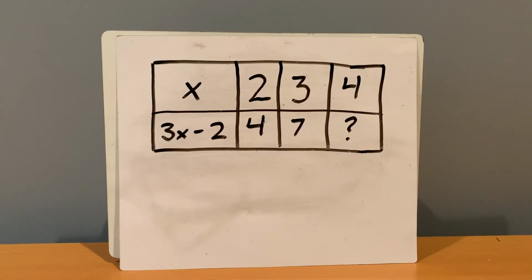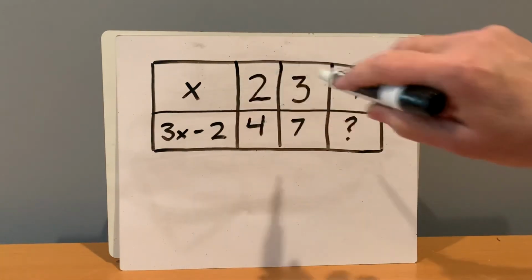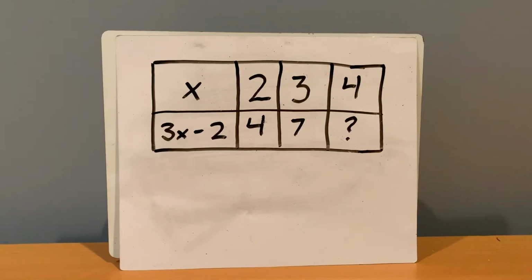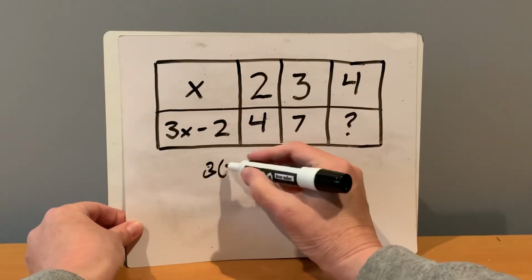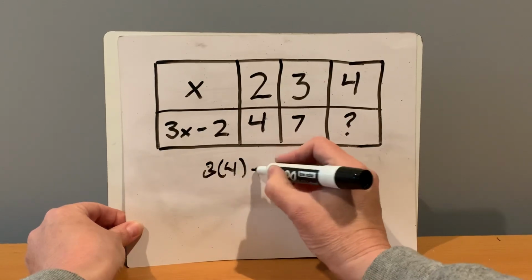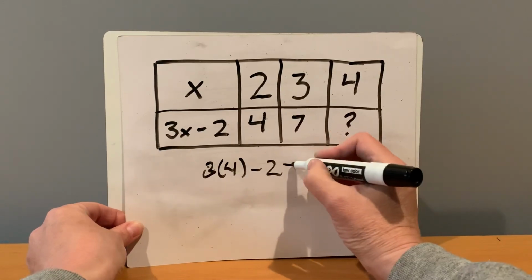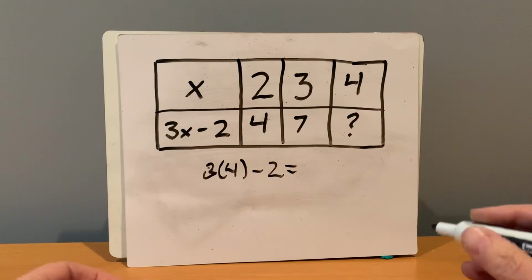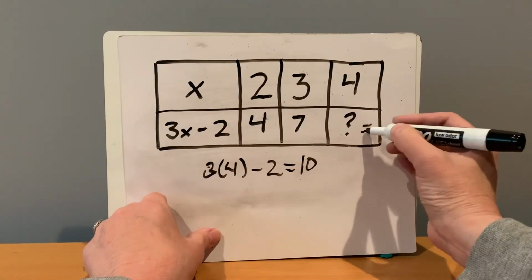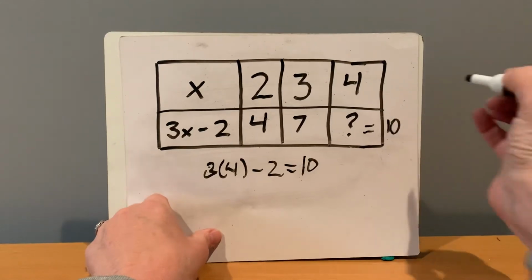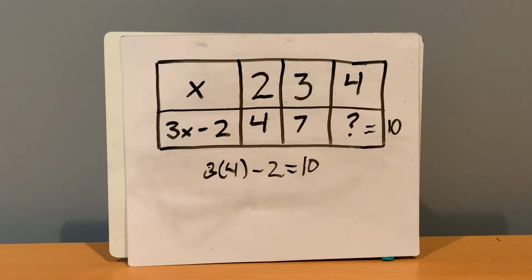In the table, we apply the rule to the function when x equals 4. So we would take 3, multiply that by 4, and then subtract 2. When we do that, we find that it equals 10. So the missing number is 10.